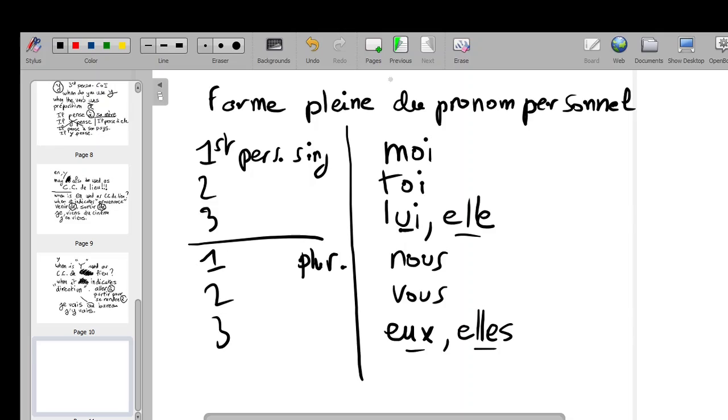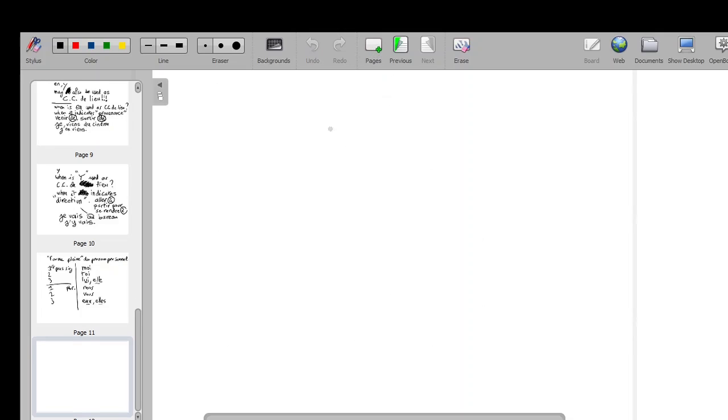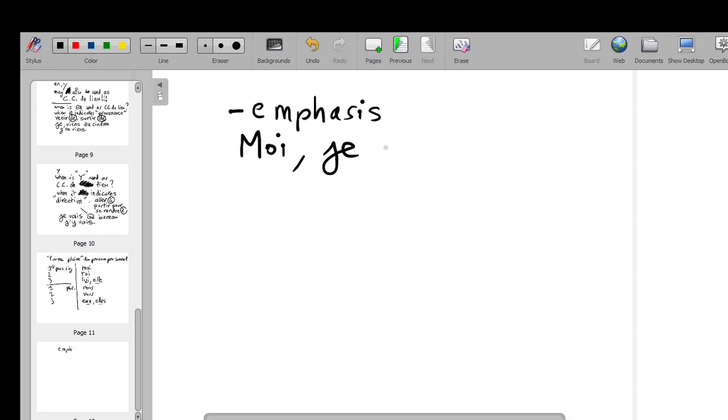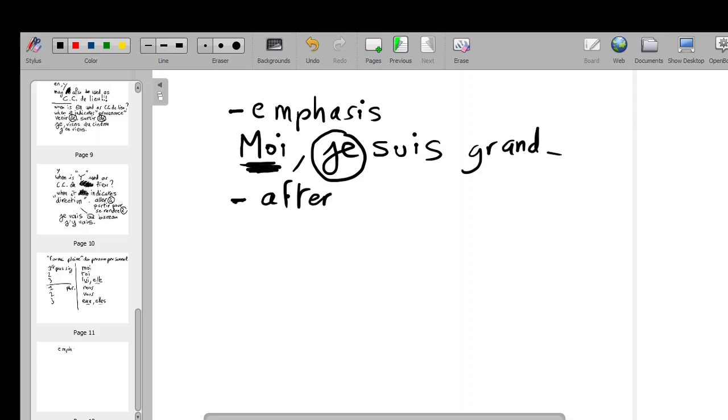So when do you use that forme pleine? Emphasis. Moi, je suis grand. So me, I am tall. So this is emphasis. You put emphasis on je. And whenever it's used after a preposition.